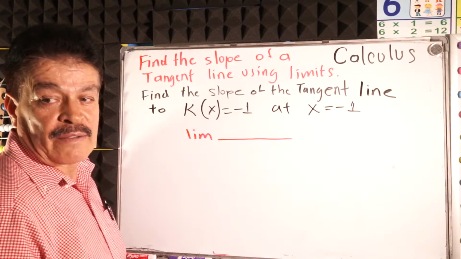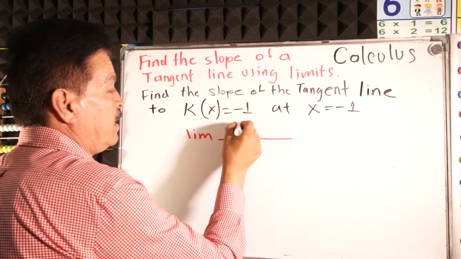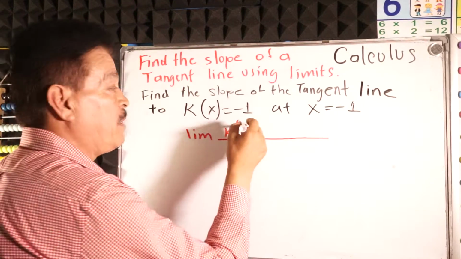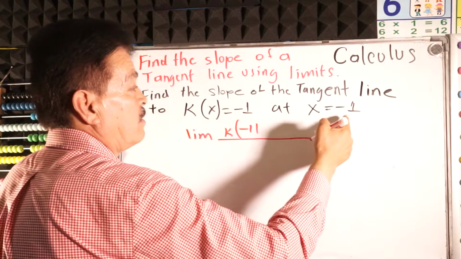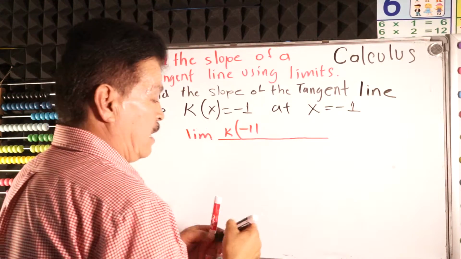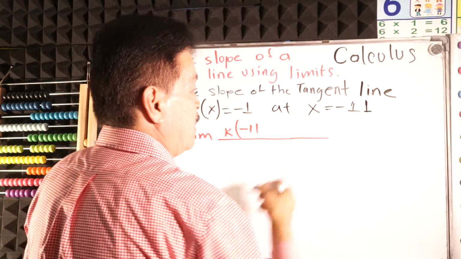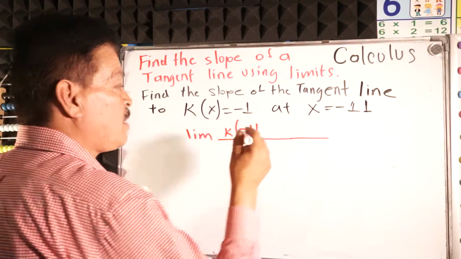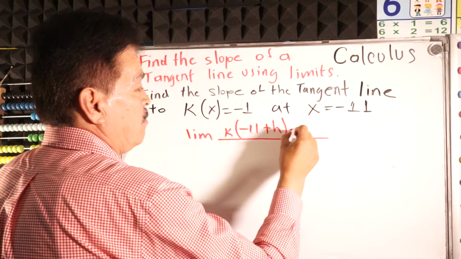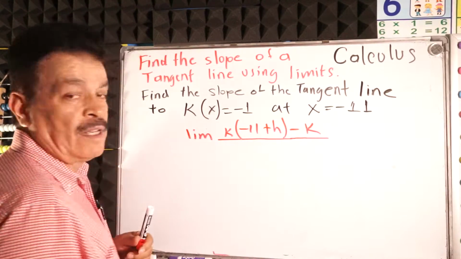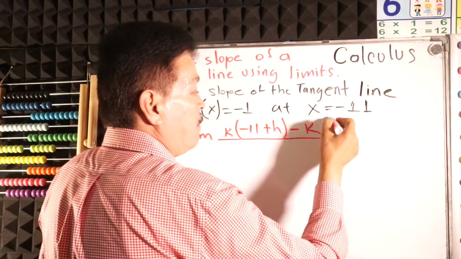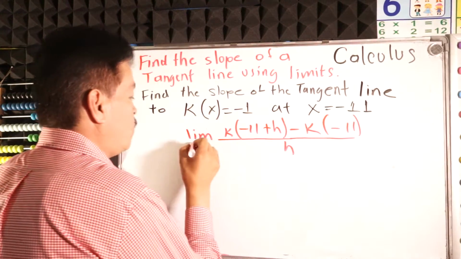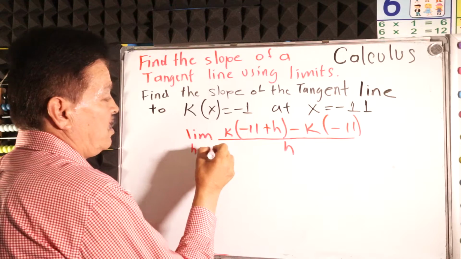Write k, then substitute: negative 11 plus h, minus k of negative 11, divided by h when h approaches 0.